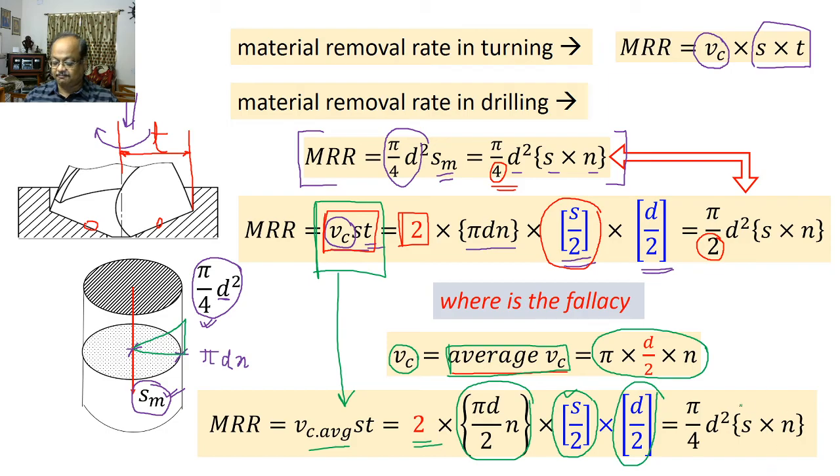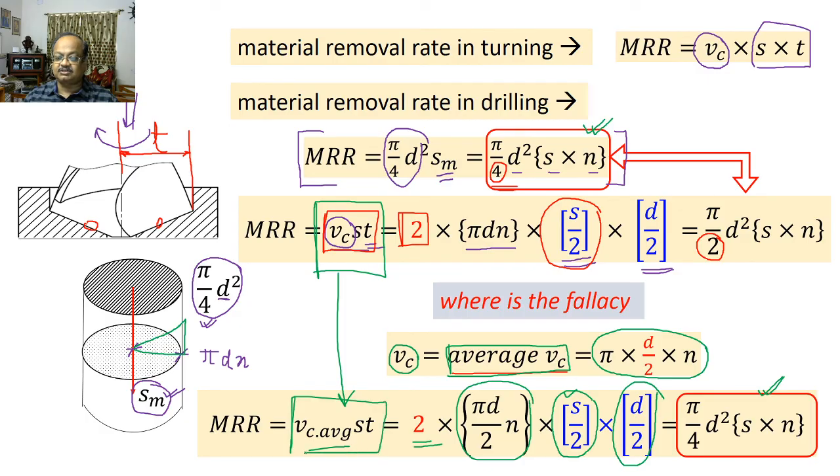Once you multiply everything and simplify, this particular expression which is arrived at from extruding a particular cross-sectional area, and this particular expression which is arrived at from the general expression of material removal rate being Vc into S into T, both of them match.